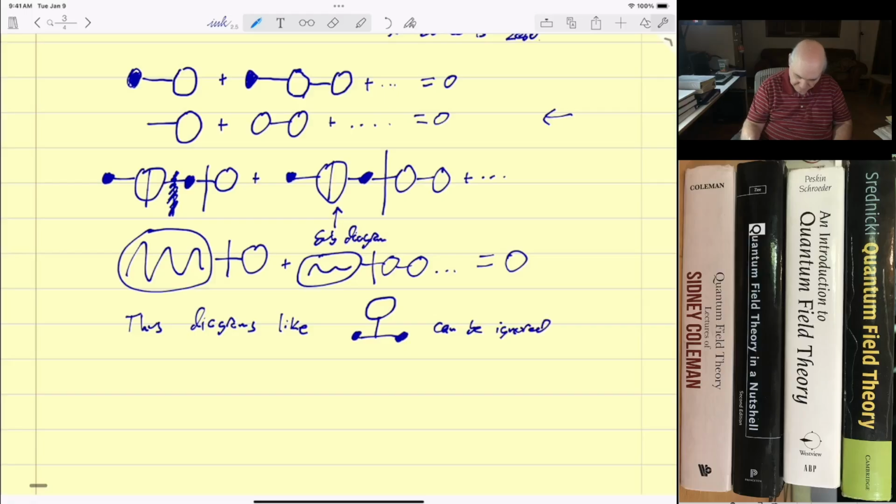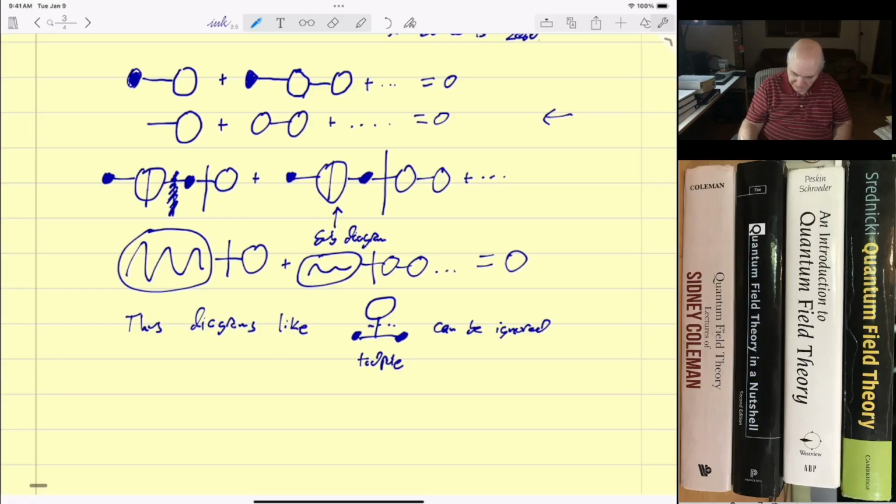This is a tadpole, because we can make a single cut here, and now we have a diagram with no source.